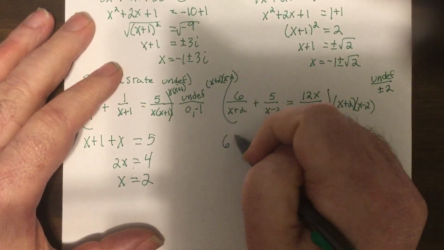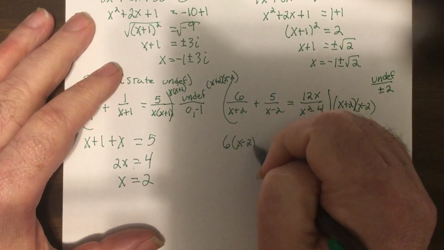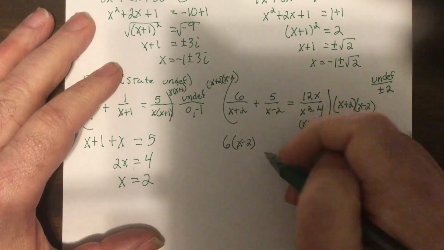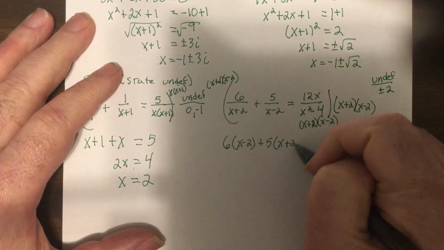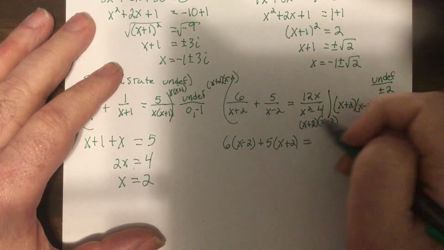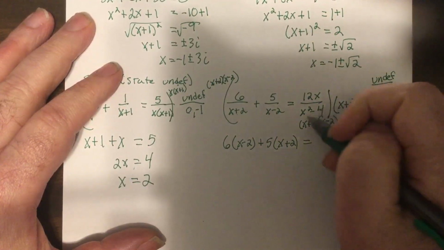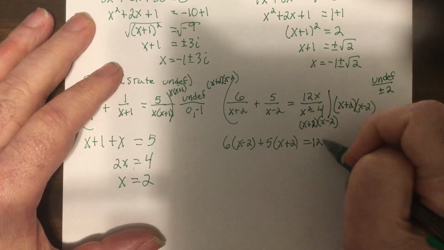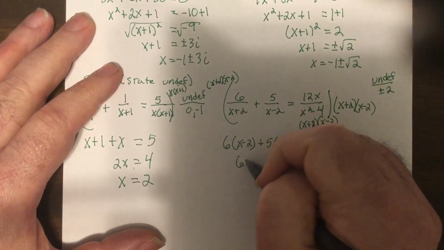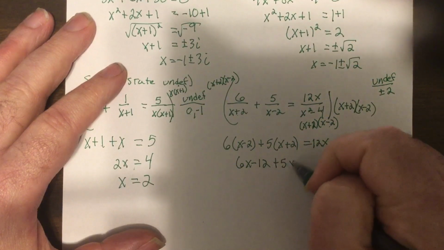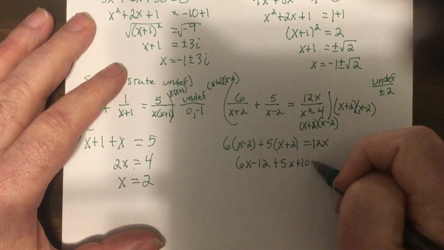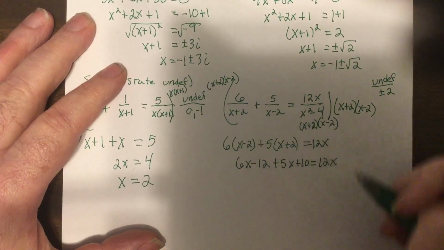So it'd be 6 times x minus 2, because the x plus 2's cancel, plus 5 times x plus 2 equals, they both cancel, both terms, so it'd be 12x. So you'd have 6x minus 12 plus 5x plus 10 equals 12x.